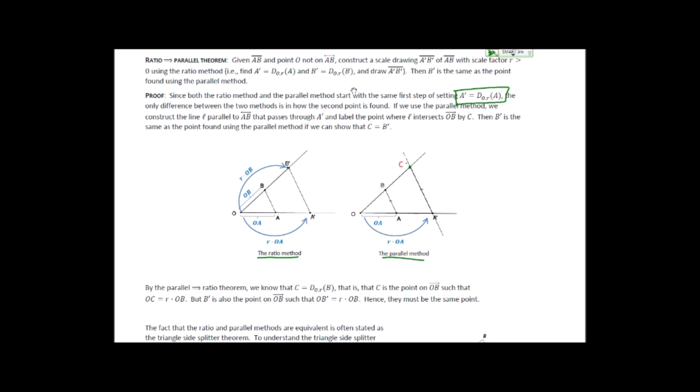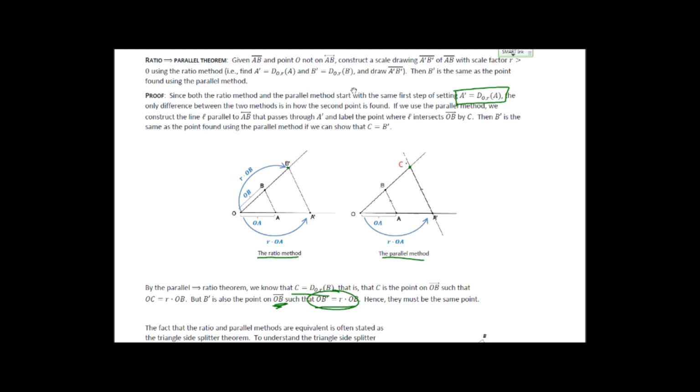By the parallel method to the ratio method theorem, which I just did, we know that C is equal to the dilation I get when dilating point B with the center of O and scale factor R. But B' is also the point on OB such that OB' equals R times OB, right? So this is what I get from the ratio method, so they must be the same point.